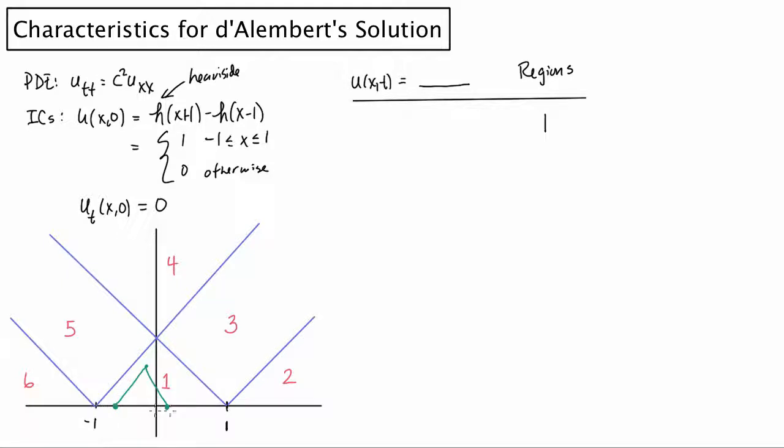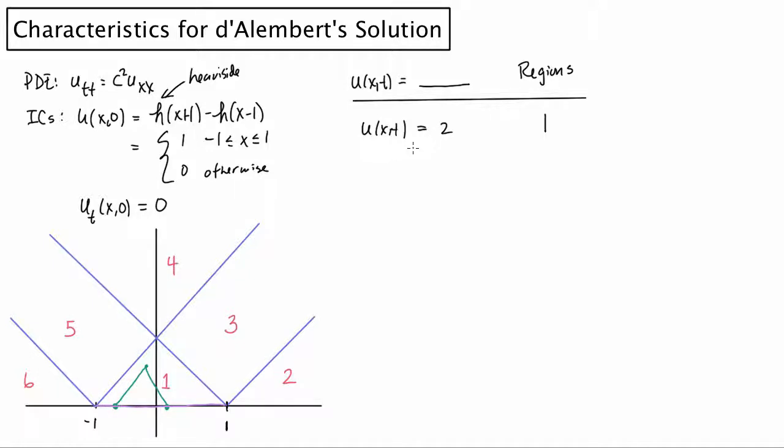Because it starts off with 1 in here. So let me maybe do a purple for the string. This is the string where it has height 1 right there. So everything inside region 1 has height 1, and so if you take the average of 1 plus 1, you get 2. So u of x,t in that case, in region 1, has the value 2.